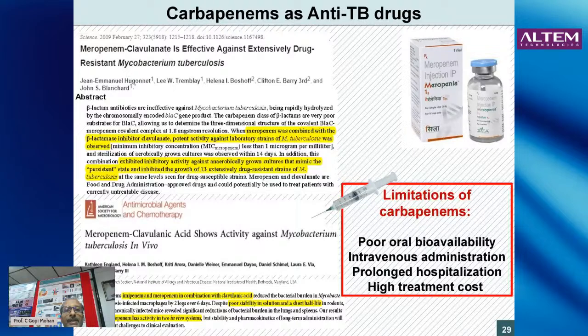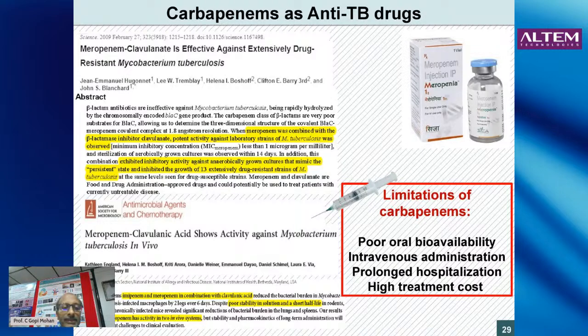There are different papers being published, like meropenem-clavulanate being effective. These are already effective antibiotics and drugs available for drug-resistant Mycobacterium tuberculosis, and we have the injection of meropenem.